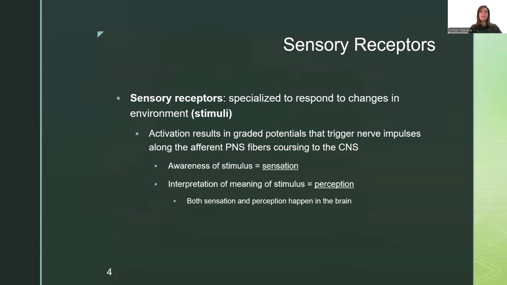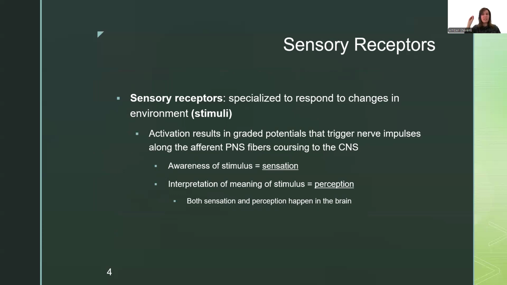Okay, so sensory receptors. Receptors are specialized structures that respond to changes or stimuli in the environment. They convert those signals into nerve impulses, like we talked about last week, and send those impulses to the brain.